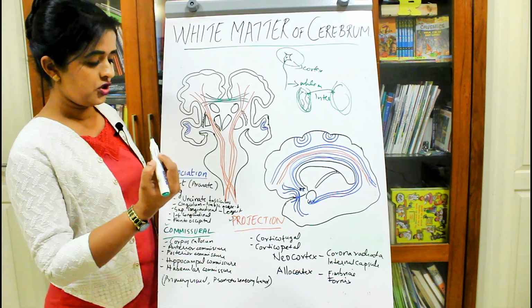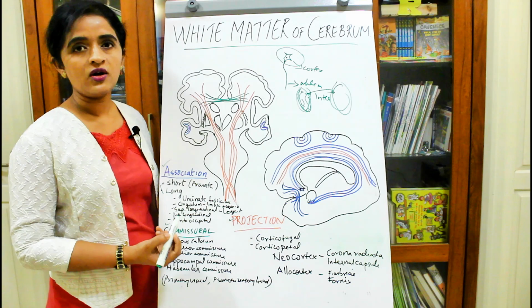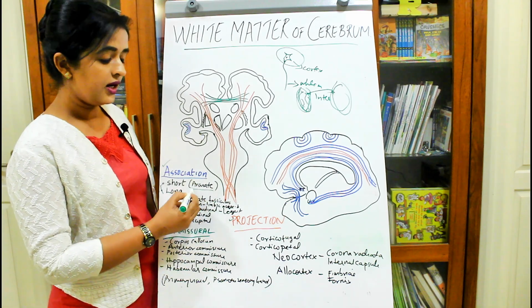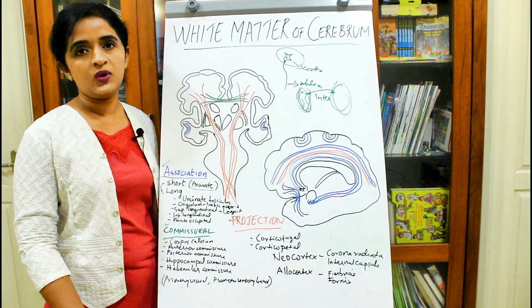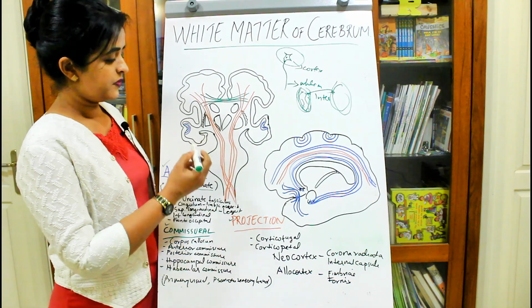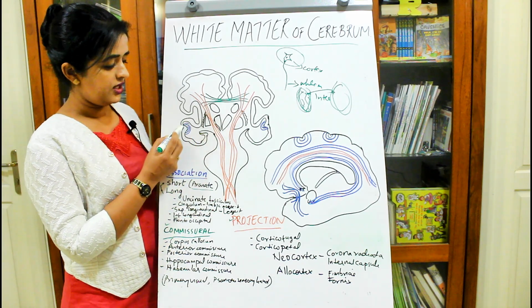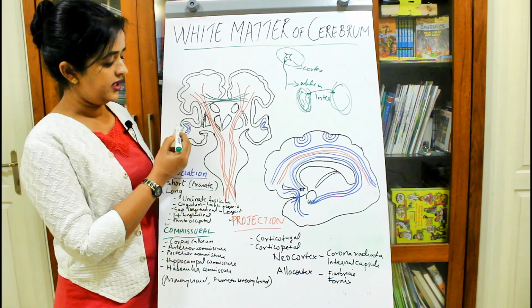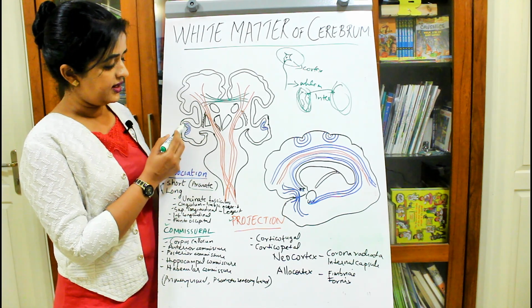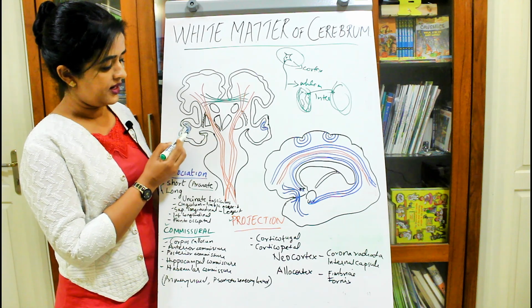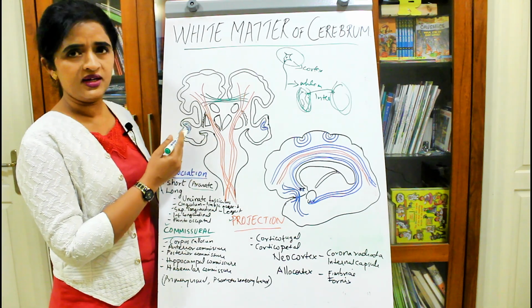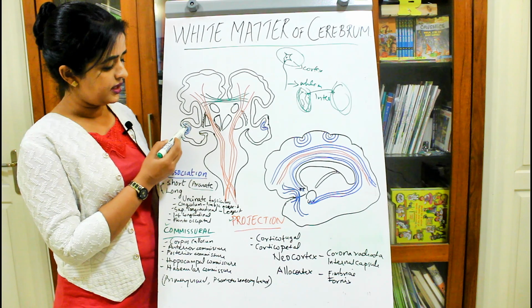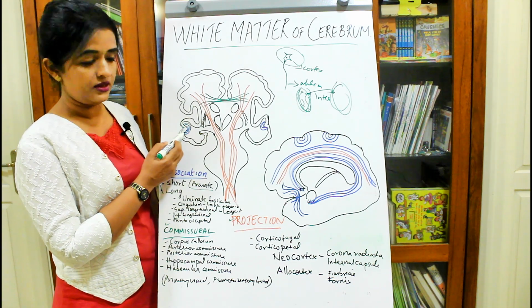So first one is short. The example for short association fiber is arcuate fasciculus or arcuate bundle. What do you mean by that? You can see that these are the two gyri, right? These two gyri are connected by a small U-shaped bundle of fibers along this sulcus, across this sulcus, isn't it?